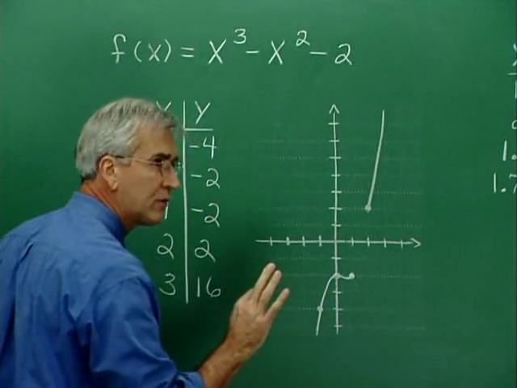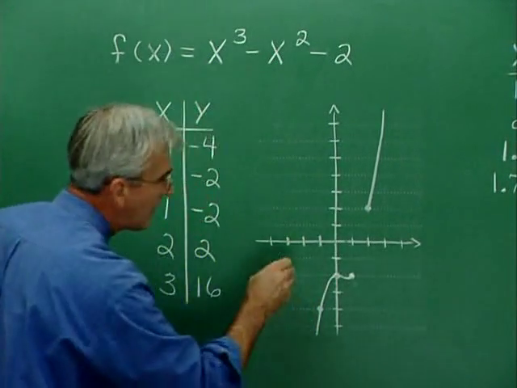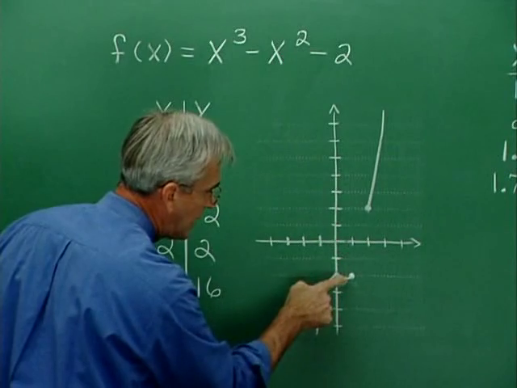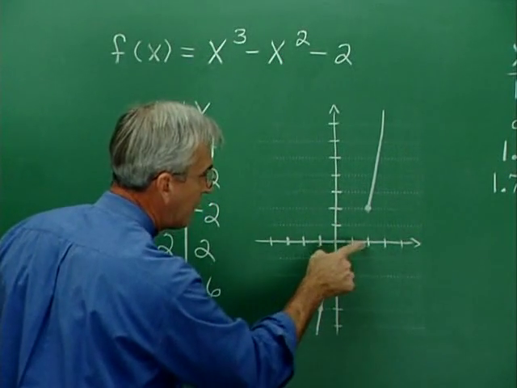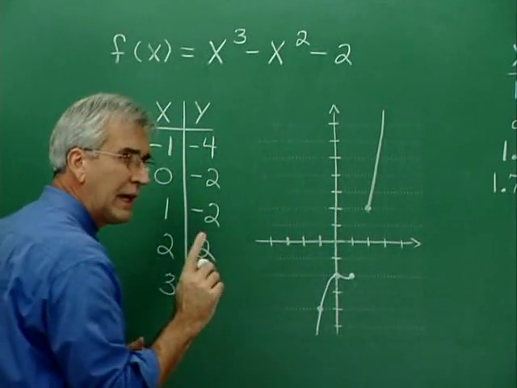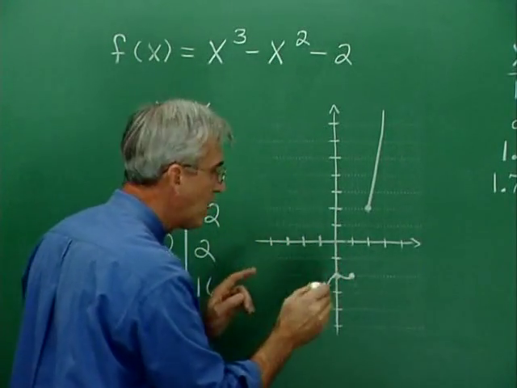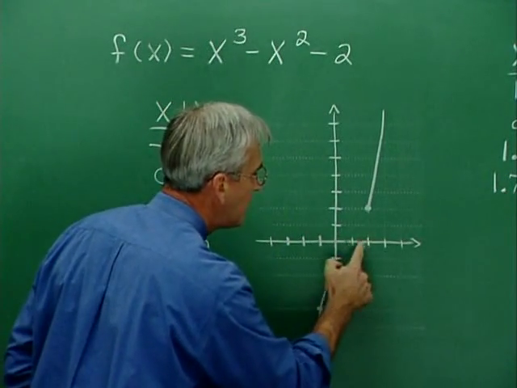But what we're really interested in is the position of the x-intercept. Now, we know that f of 1 is -2, and f of 2 is 2. So since the polynomial functions are continuous, we know that we have a crossing within this interval.